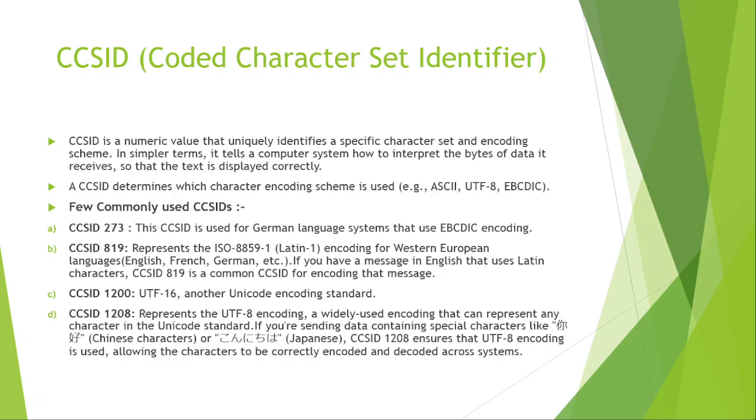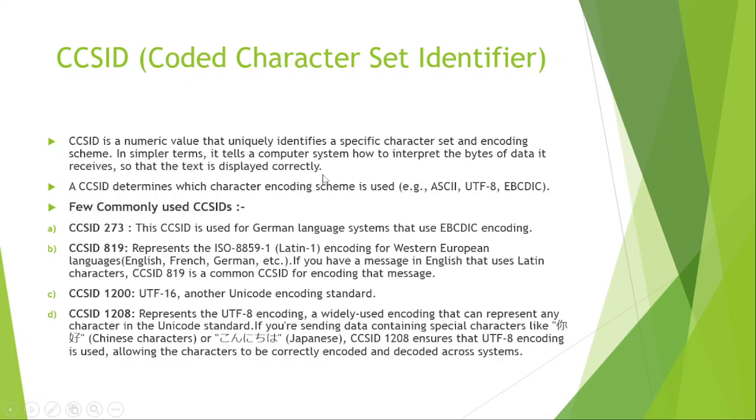I want only Latin language, I want only German language, I want only US language. All these things can be achieved with the help of CCSID. In simple terms, it tells the computer system how to interpret the bytes of data it receives so that the text is displayed correctly.